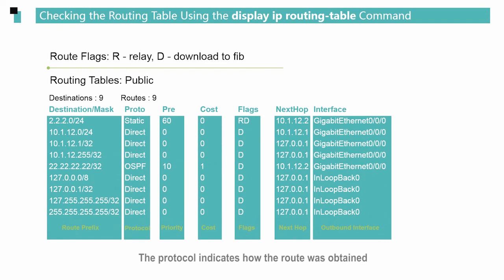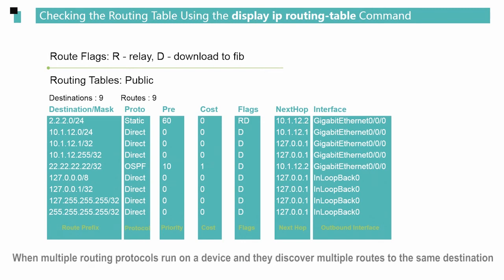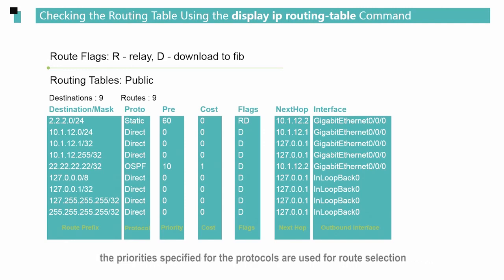Protocol. The protocol indicates how the route was obtained: through a directly connected network segment, static route configuration, or a dynamic routing protocol, such as OSPF or BGP. Priority. When multiple routing protocols run on the device and they discover multiple routes to the same destination, the priorities specified for the protocols are used for route selection.